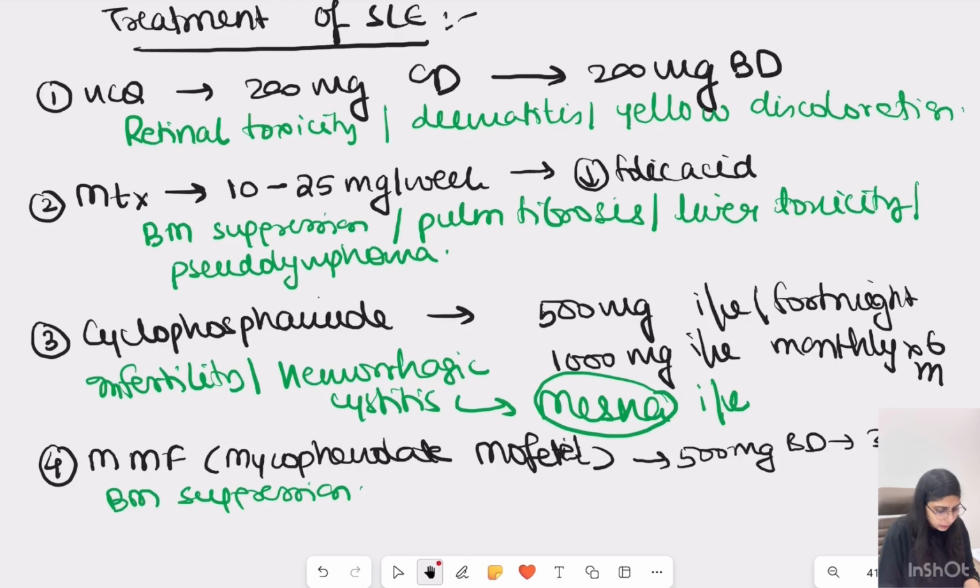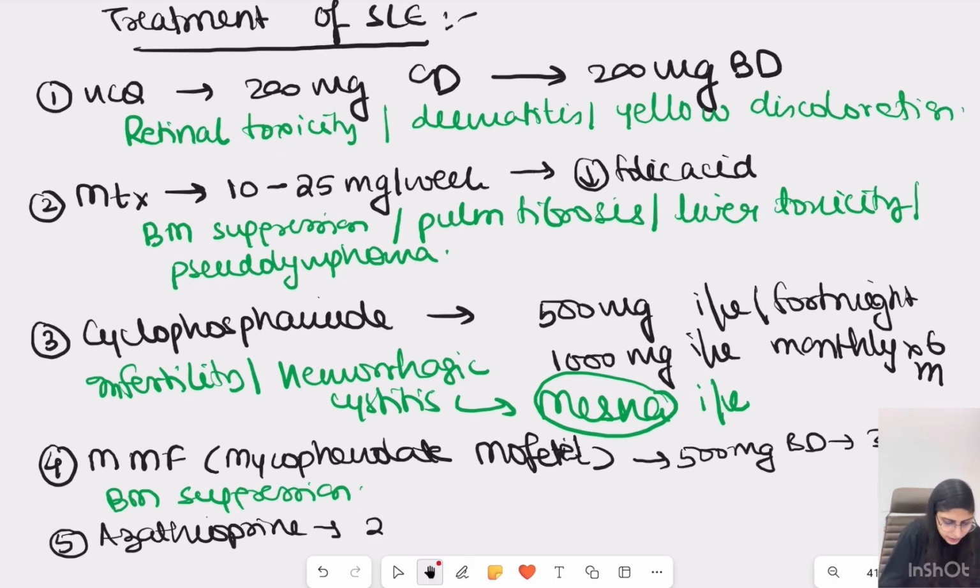Then if we talk about azathioprine. Now azathioprine is a very cheap drug, so very important for Indian patients because there are patients from Bihar, there are poor patients who cannot afford to have rituximab induction or cyclophosphamide or MMF. MMF is also costly. Azathioprine is cheap, so azathioprine becomes important here for us.